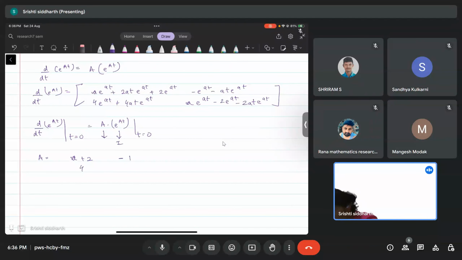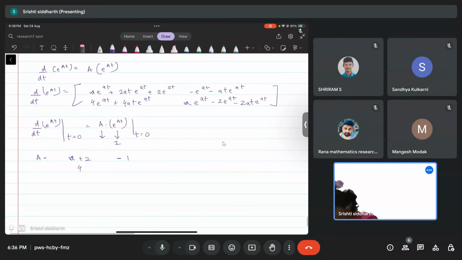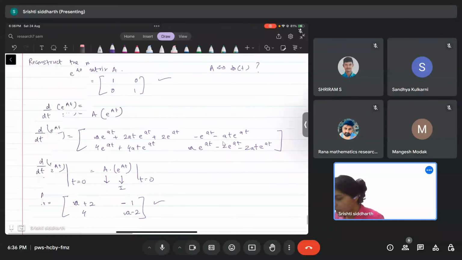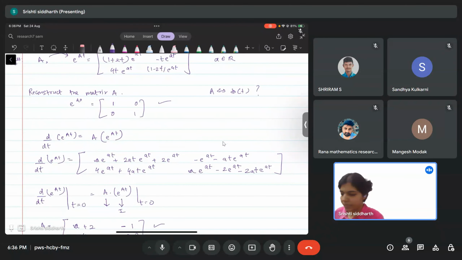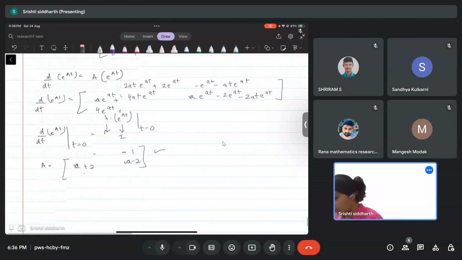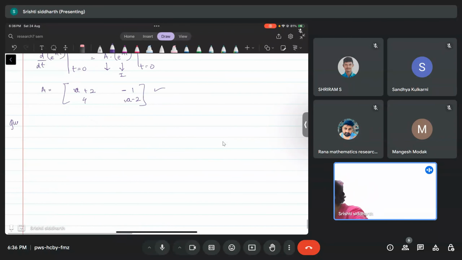Then we have 4 and then 8. Sorry, A minus 2. Okay, so you have found the matrix A given the state transition matrix e to the power At. Alright, now let's look at another question.